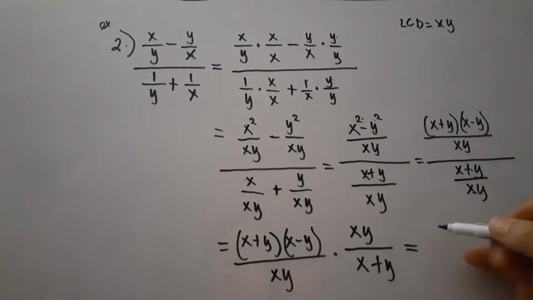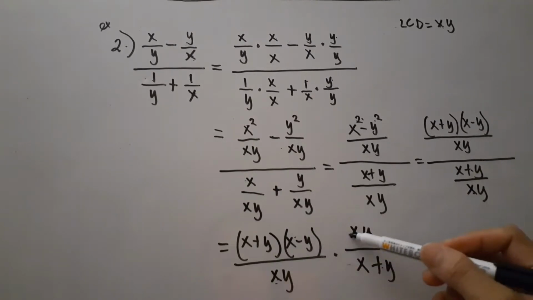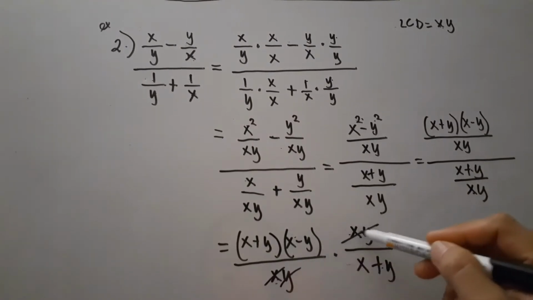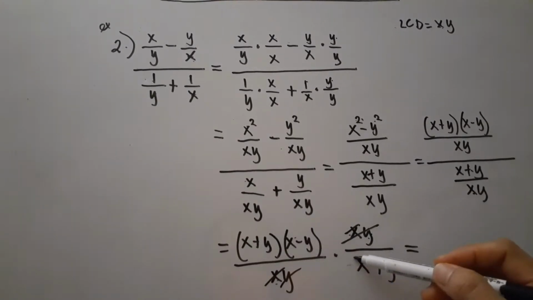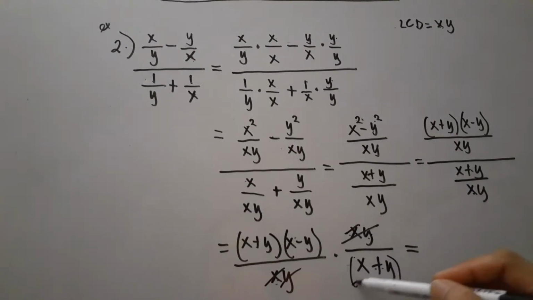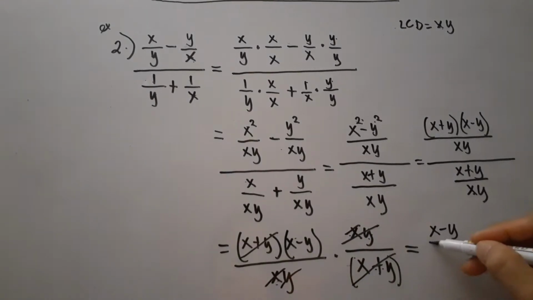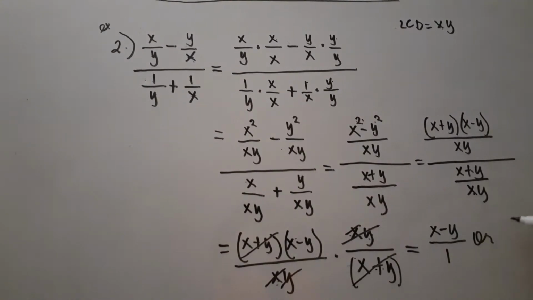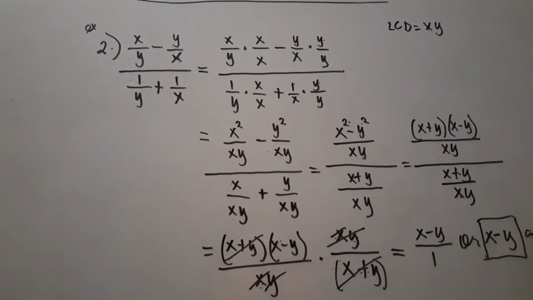And then we cancel out the common factors: xy, and then x + y. The remaining is (x − y)/1, since there is always a factor of 1 over here. This is the answer, x − y.